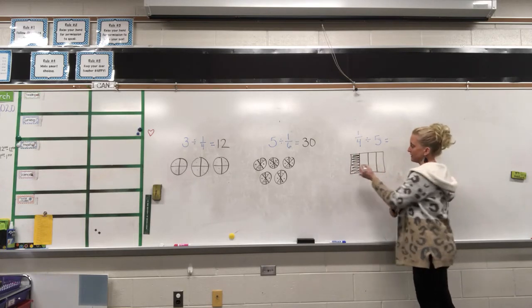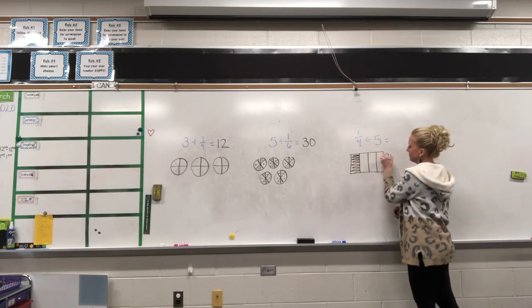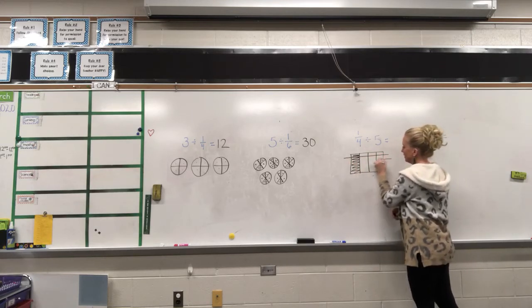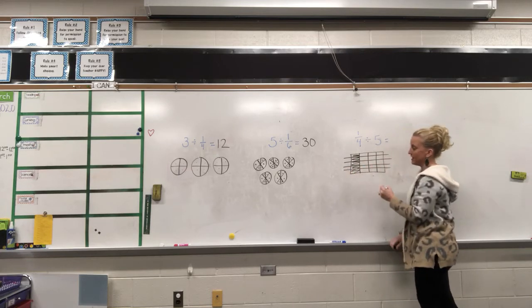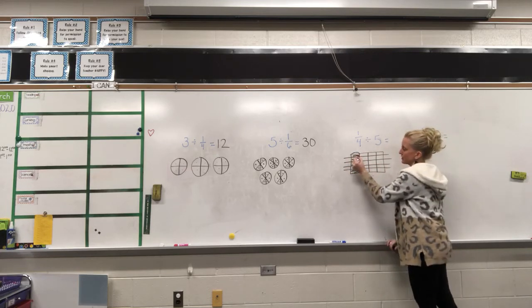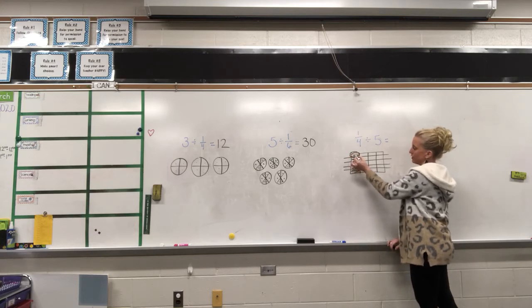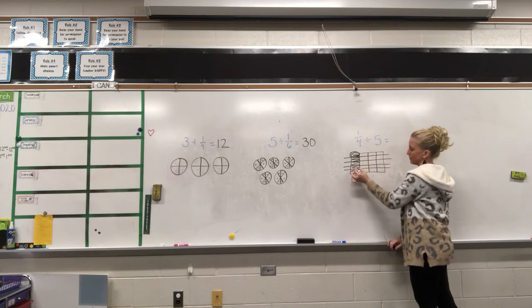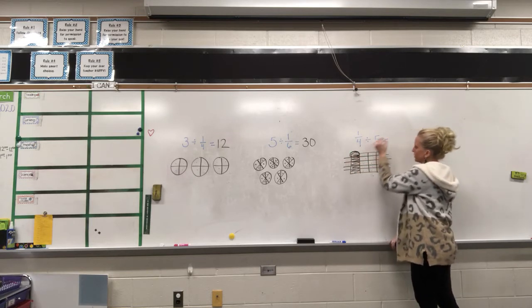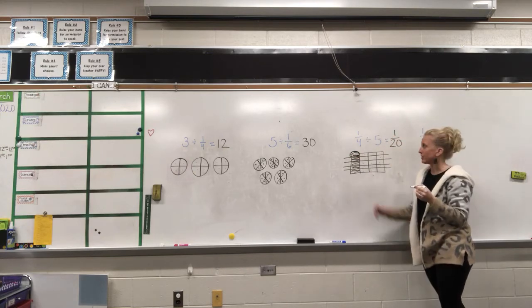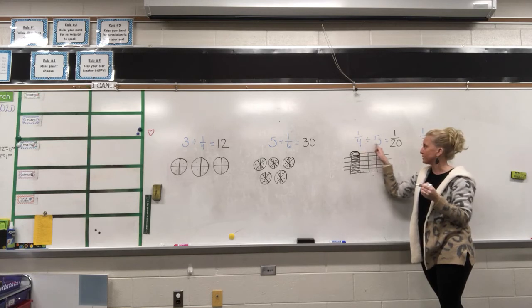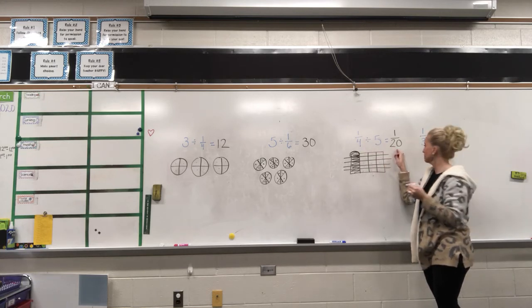If I divide it by 5, each person is going to get 1 out of 20. So each person would get 1/20 of the original candy bar. So 1/4 divided by 5 is 1/20.